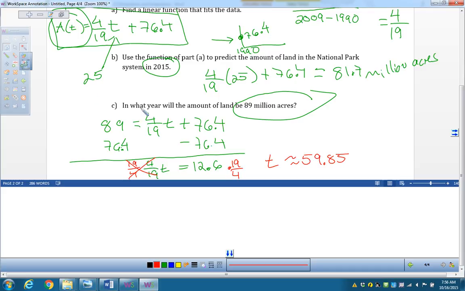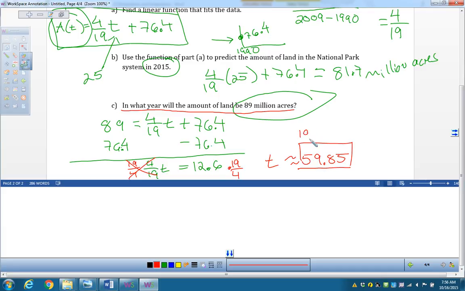But that's not the question, because the question says in what year will the amount of land be 89 million acres? How would I figure out from 59.85 what year it is? When did I start? 1990. So I need to add that to 1990.